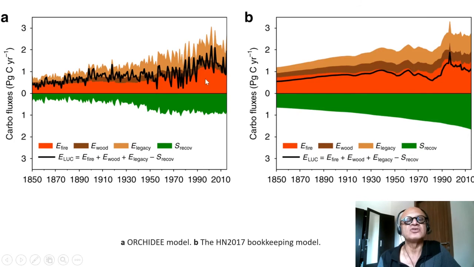But one has to be careful because these are not always that well constrained. Nonetheless, in general, we tend to look at this and say the model is performing reasonably well, let's say in terms of total emissions from land use change, combining these different components.